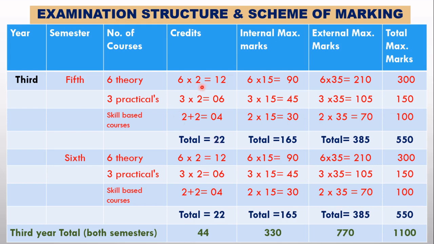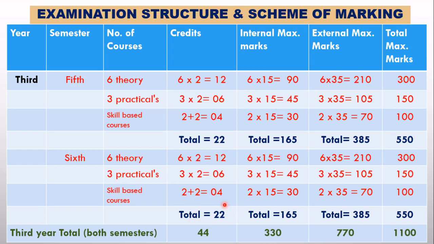So in TY fifth semester, you can see a total of 22 credits, internal marks 165, external marks 385, and total becomes 550. A similar pattern is applicable for the 6th and last semester of BSc.